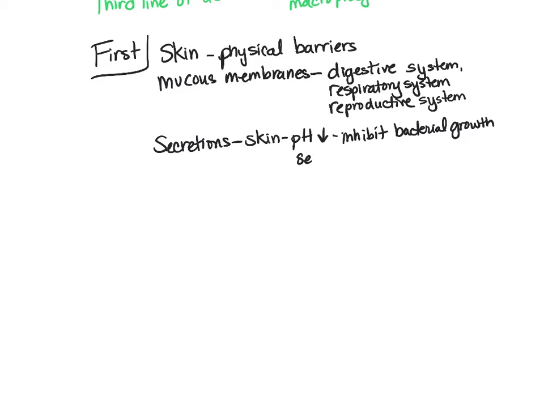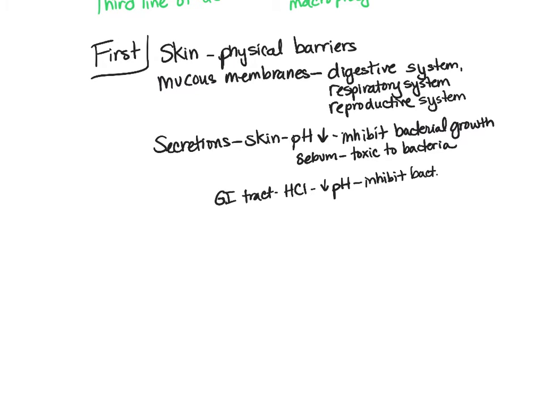Also sebum, right, so the oil that is on our skin is toxic to bacteria. And then in our mucous membranes, for example, in the digestive system, we'll just shorten it here to GI tract. For example, in the stomach, we secrete something like hydrochloric acid, which has a low pH, which is meant, at least in one way, to inhibit bacterial growth. Or inhibit bacteria in general, because it will kill the bacteria.